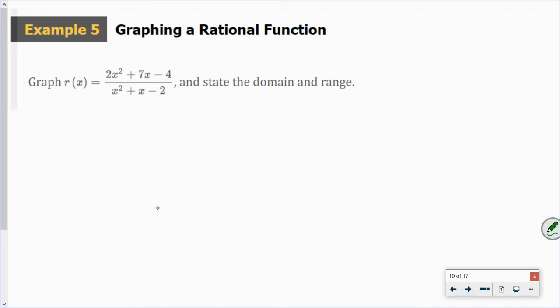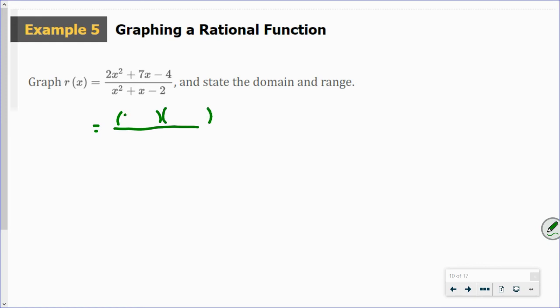First we're going to factor everything. Sometimes the top or the bottom can't factor, but if we can, we're definitely going to want to factor it. So 2 times 4 is 8. Factors of 8 that subtract to 7 would be 8 and 1. So we can factor that.